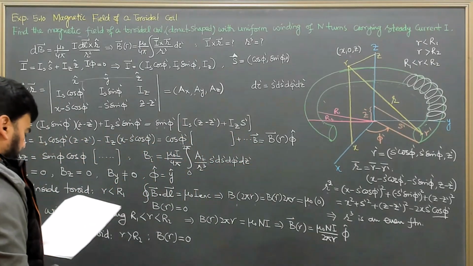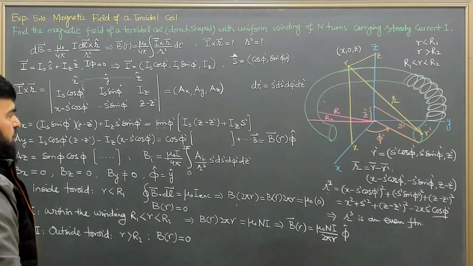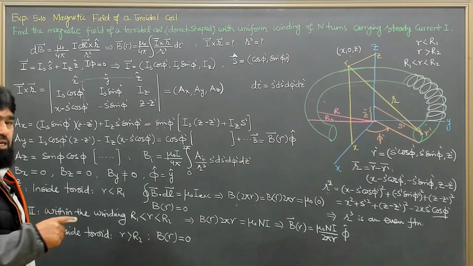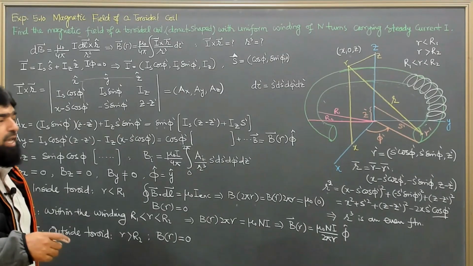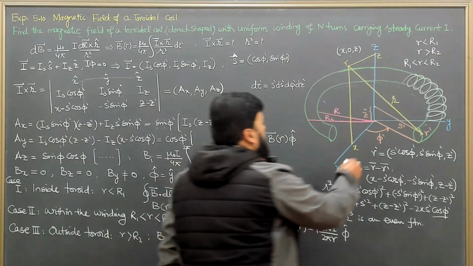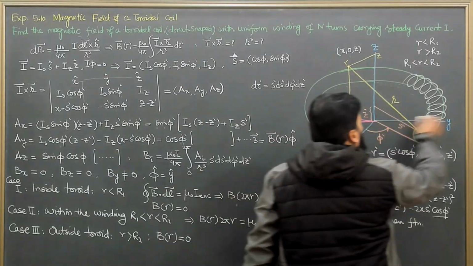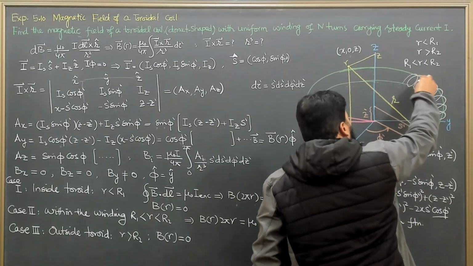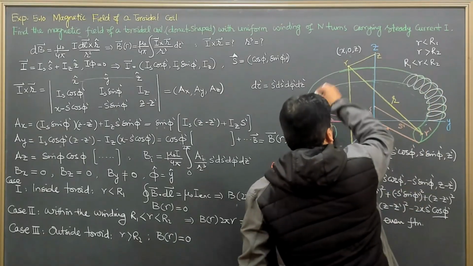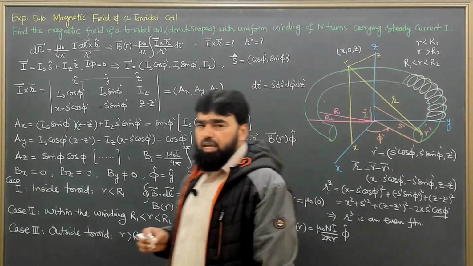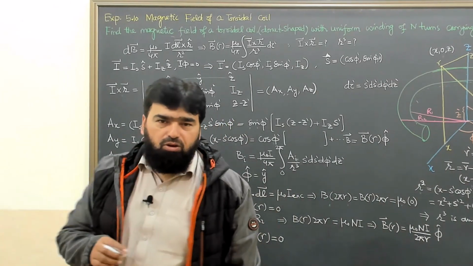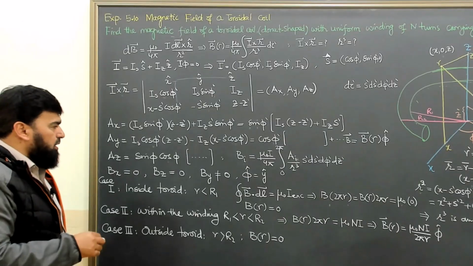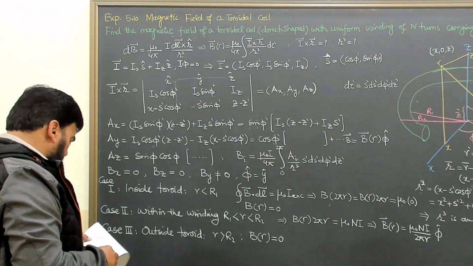Now, one thing: we don't have any contribution of this current to the magnetic field in the axial direction or the radial direction, and we have only this in the azimuthal direction. The magnetic field in the center of this coil is along the azimuthal direction here.